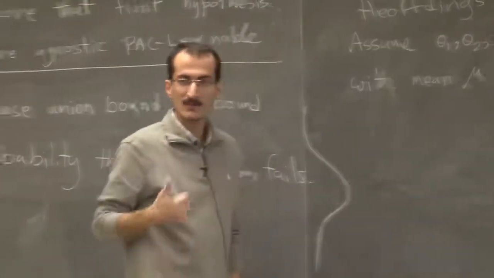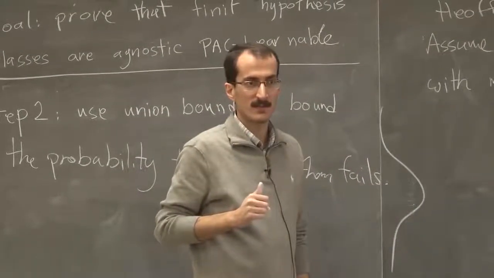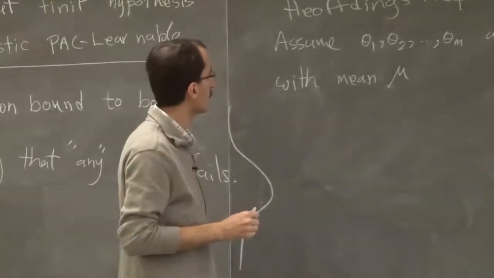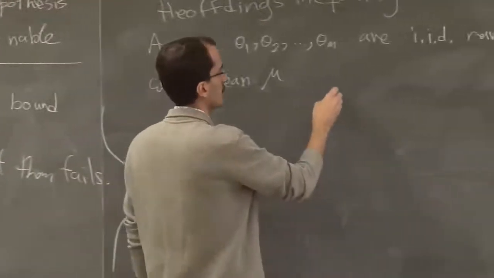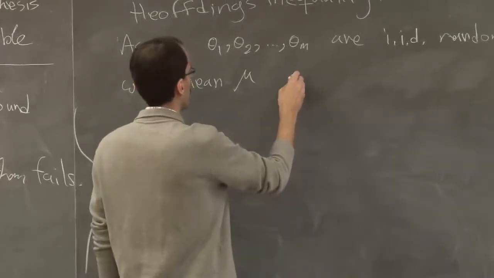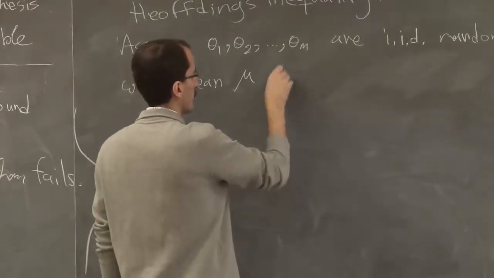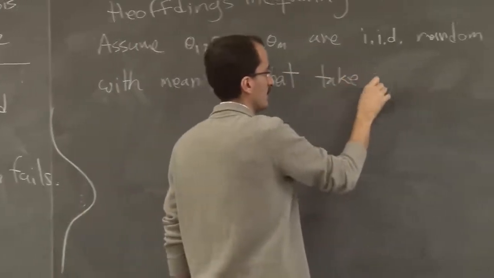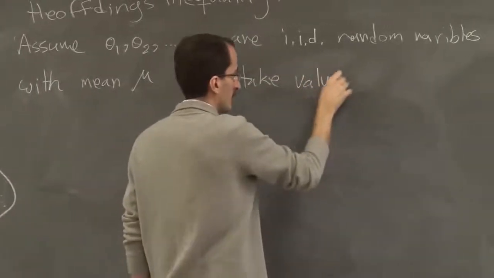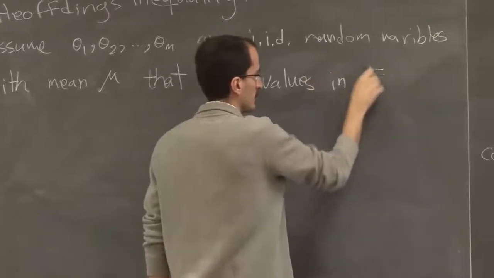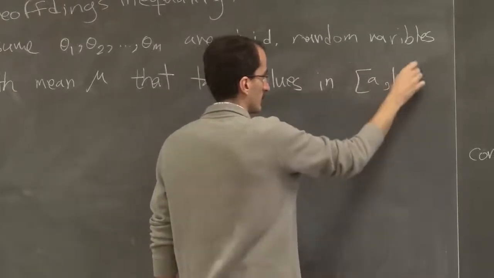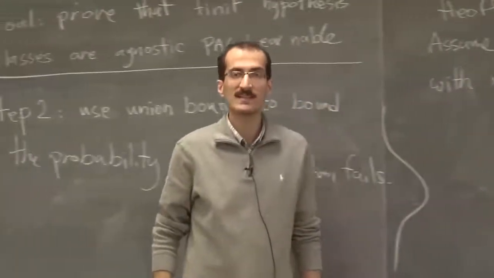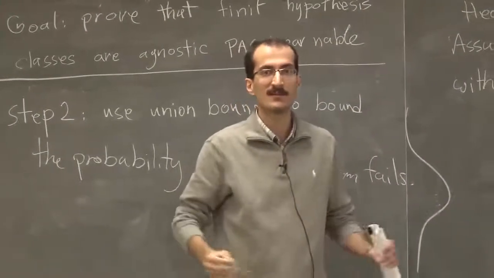And we have one more additional assumption that is very important. That they take values in [a, b]. So basically, we are assuming that they are bounded.